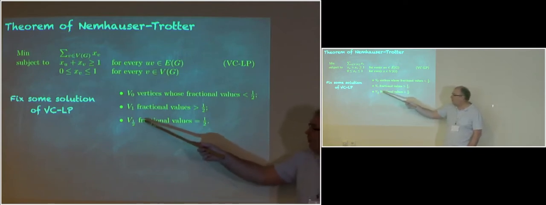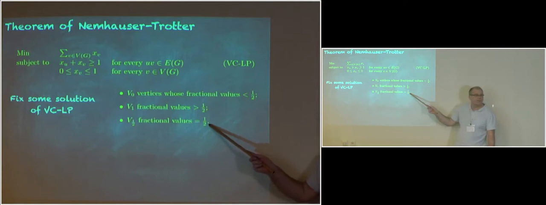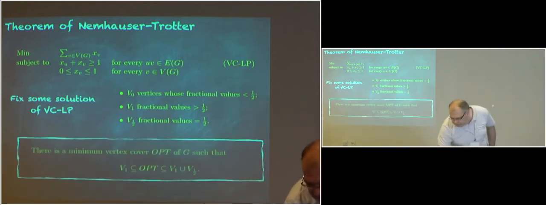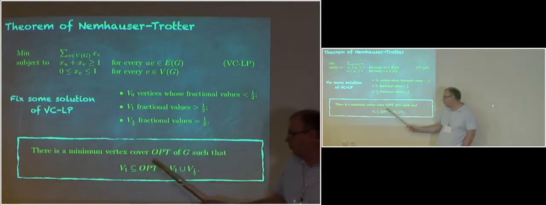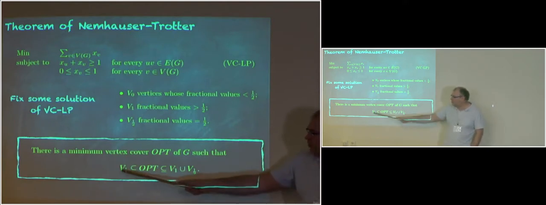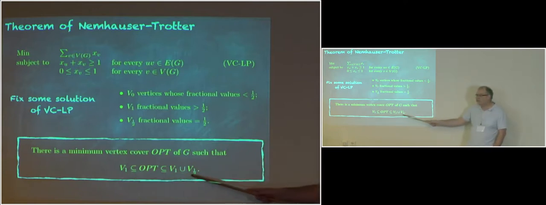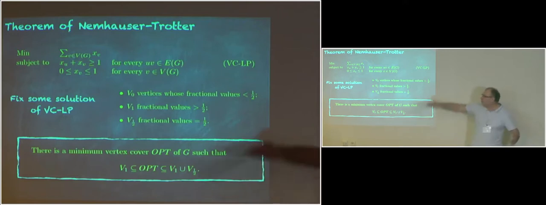And V1/2 are the vertices which have value exactly 1/2. So far so good. Then the Nemhauser-Trotter theorem says that there is always a minimum vertex cover OPT of the graph G such that V1 is contained in OPT, which is contained in V1 union V1/2. In other words, there is always an optimal solution which contains all of V1 and doesn't contain V0.